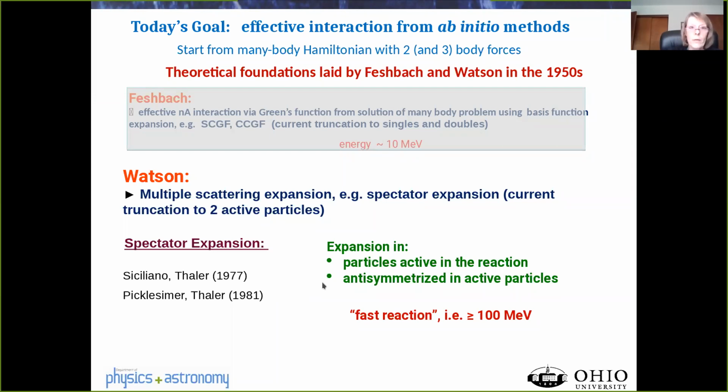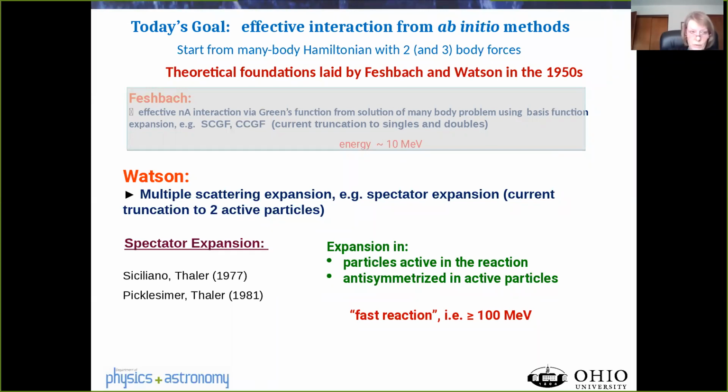That has been pointed out by Watson already, and it is in his book, that antisymmetrization of active particles is an antisymmetrization in the order you are working in, but it's not an antisymmetrization as, for example, it is done in the Feshbach-inspired model.